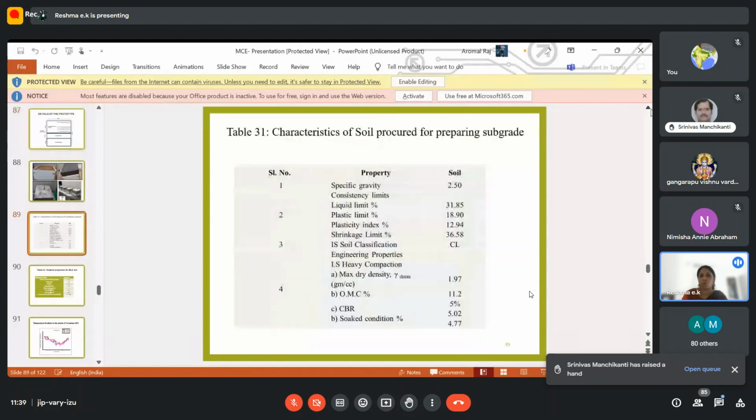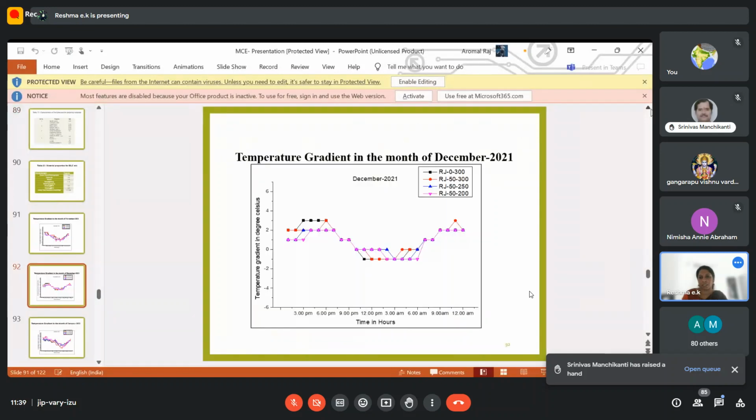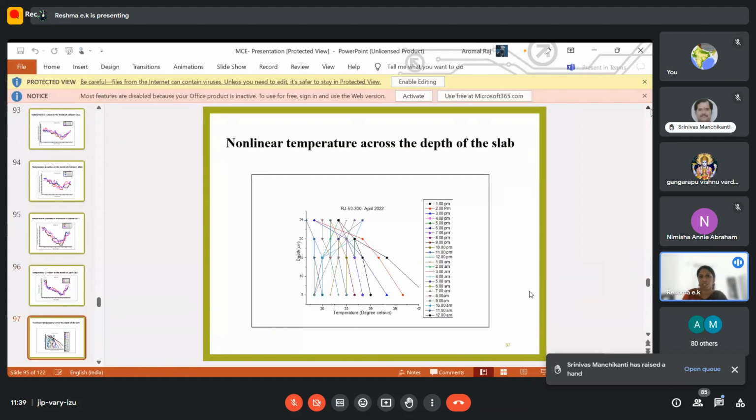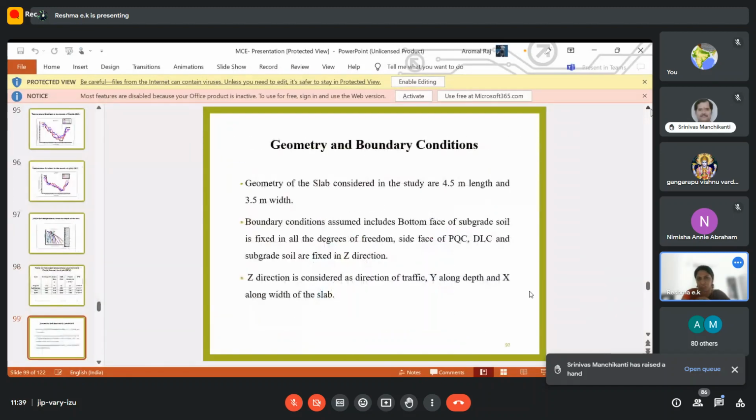Then while modeling, the boundary conditions I have taken, the geometry of slab considered in the study, are 4.5 meter length and 3.5 meter width. I have actually given 500, 300 also in the answers.